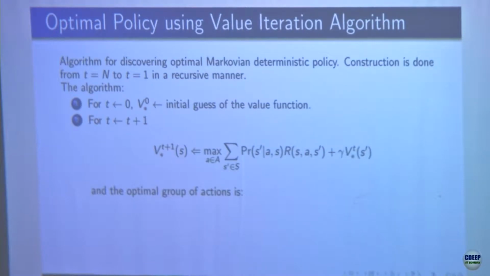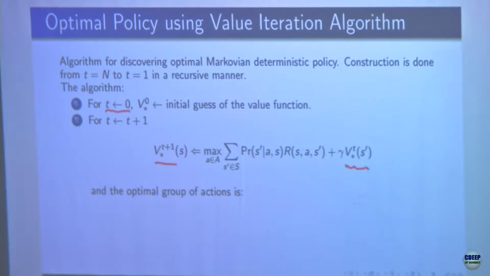And here's the algorithm. So you start with the initial guess of the value function and then plug in that value as you keep updating the value at t. So you set t to 0 and update the value of V star at the t plus 1th guess using the tth guess of V star. But this tth guess of V star you accumulate from all the possible next states that s could have gone to.